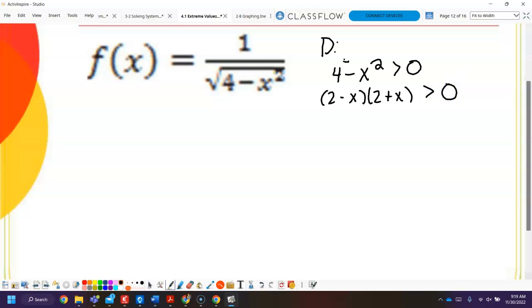We know that the roots or the zeros are at plus or minus 2, but you need to determine: does it live inside or outside plus or minus 2? If I plug in something greater than 2, like 3, 3 squared is 9, 4 minus 9 is negative.